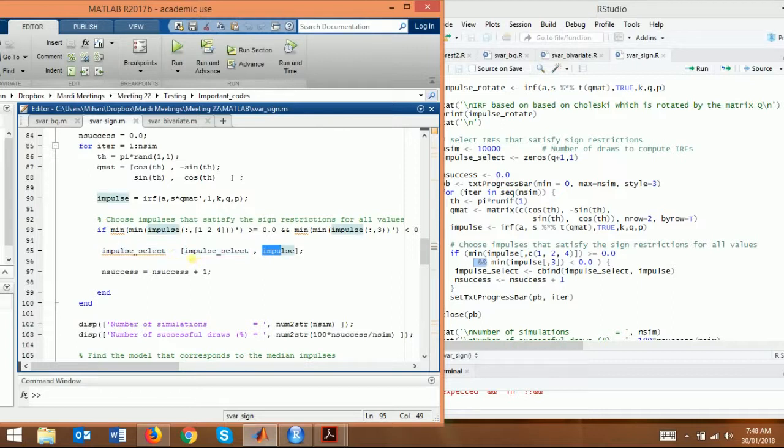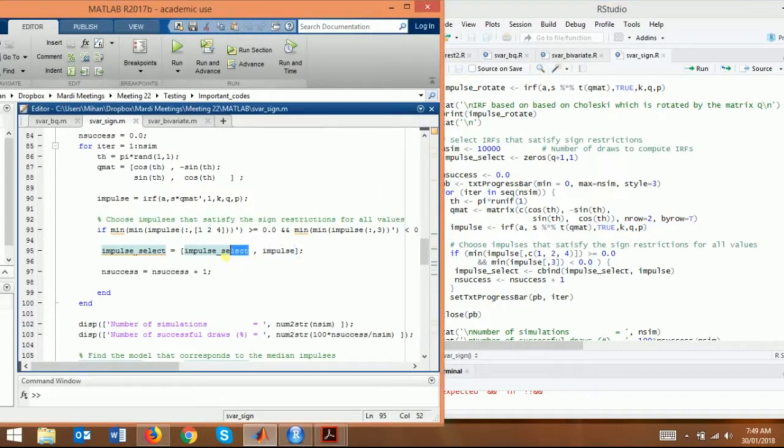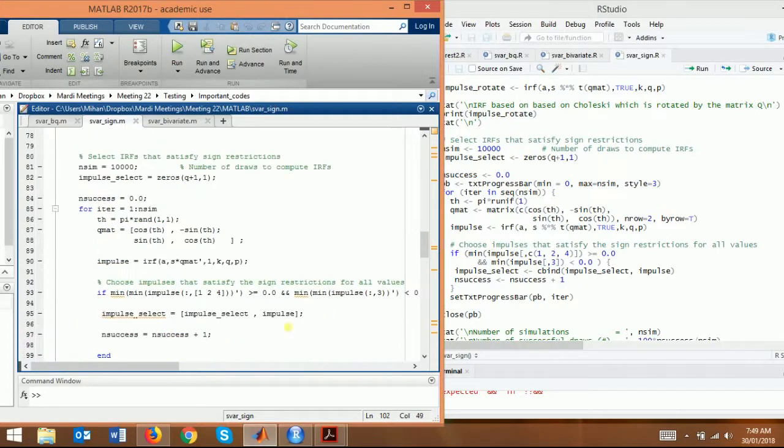If that is true, then our columns are impulse select, column bind, impulse select, and impulse. So there you have impulse and there you have impulse select. So zeros and then impulse. The first one is the zeros one, the regular one that we always set. The zeros, impulse select 0, q plus 1, 1, and then impulse.